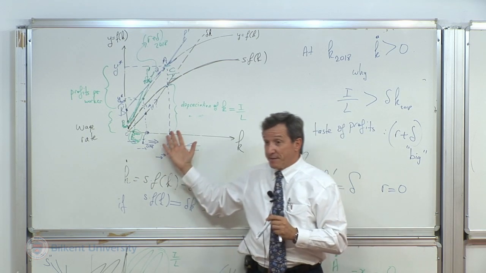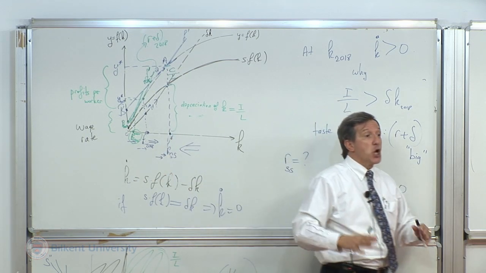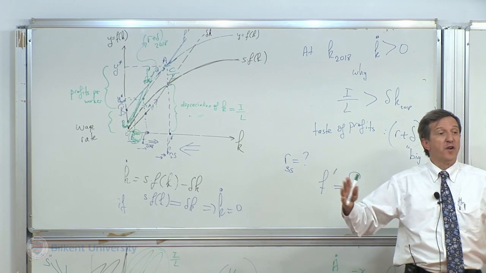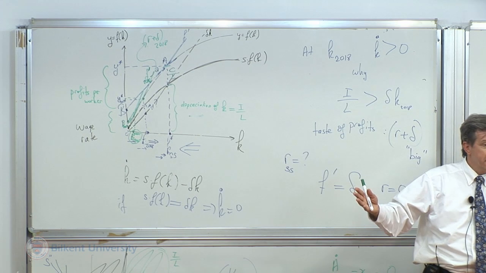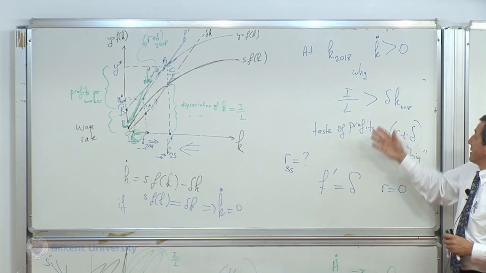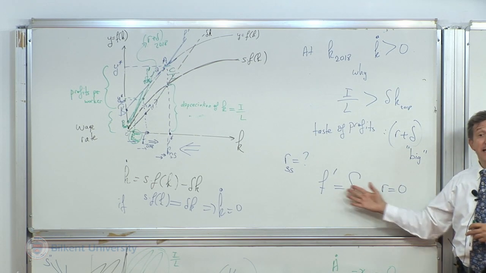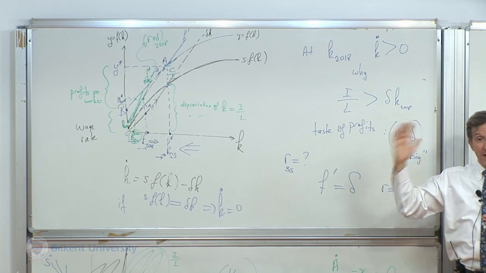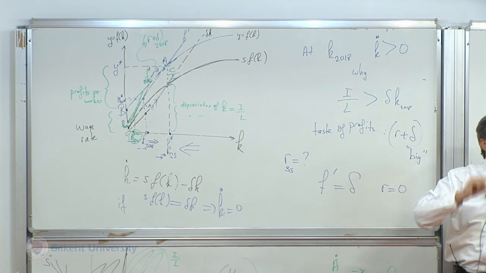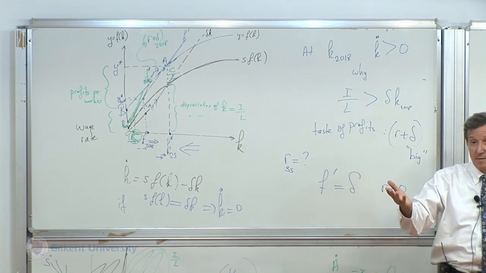So from this picture, if you make this a universal adjustment mechanism of market economies, obeying that profit rate is equal to the marginal product of capital, that's a very, very important assumption. Assuming diminishing returns is not sufficient.